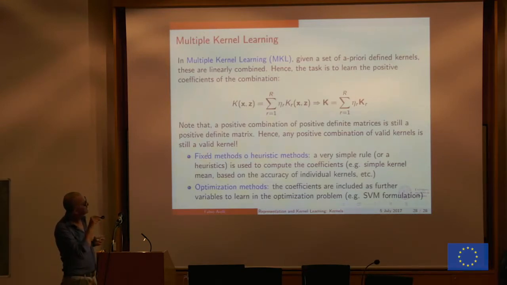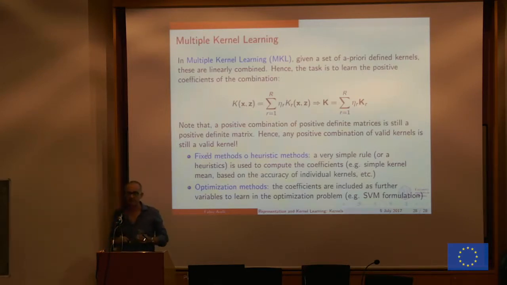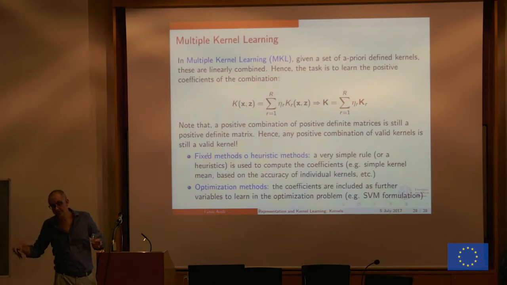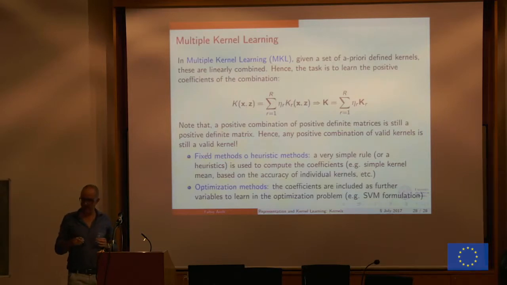Are they all the same kernel that you are combining, or are you combining kernels of different types? No, you can combine kernels of different types. Yes, for example, you can combine polynomial kernels of different degrees, or you can combine RBF with different gammas, and so on. You need some understanding of the problem. Yes, sure.